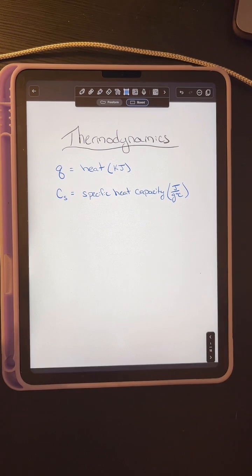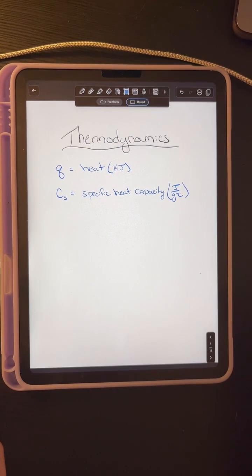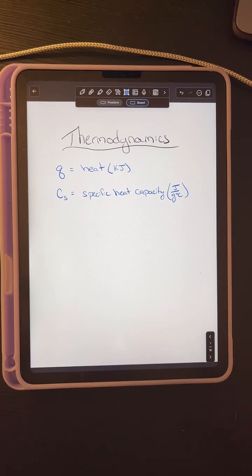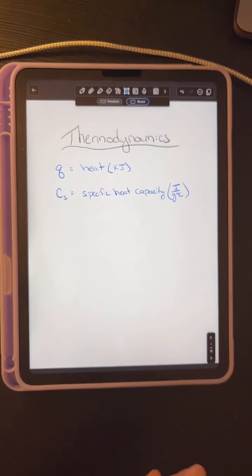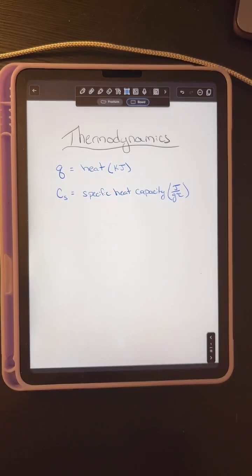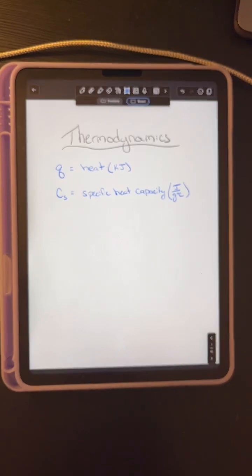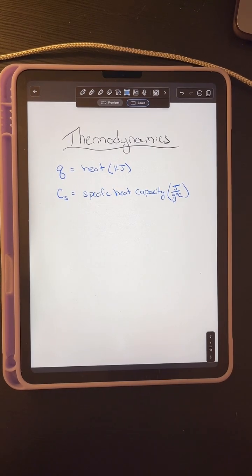So when they walk on the hot coals or light their hand on fire, for instance, all of that heat from the coals or the fire is being absorbed by that water before it actually starts to heat up. And because it is heating up the water, it's not going to burn that person.